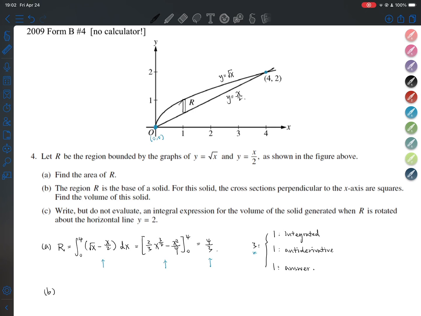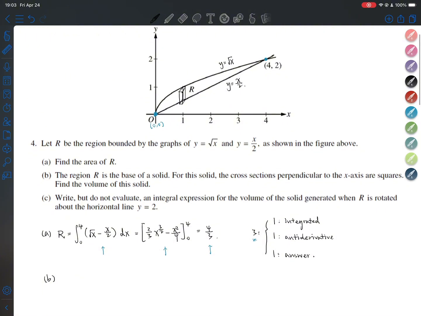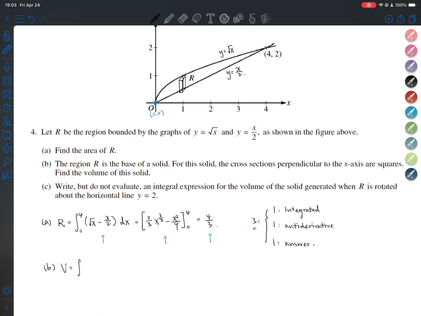Because the cross-section is a square, I just draw a square. It's like this. So that's the cross-section when you look through from the direction of x. And now we need to sum up all of the solid from x equals 0 to x equals 4, just like how we do for the area. But now, since it's a solid, which means it's 3-dimensional, we need the height, the width, and the length.